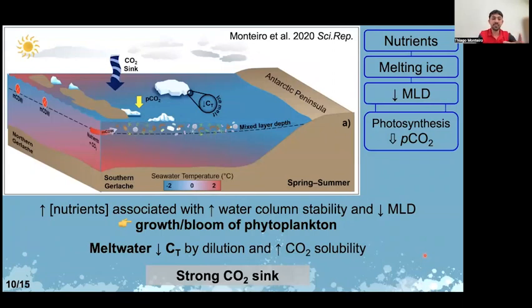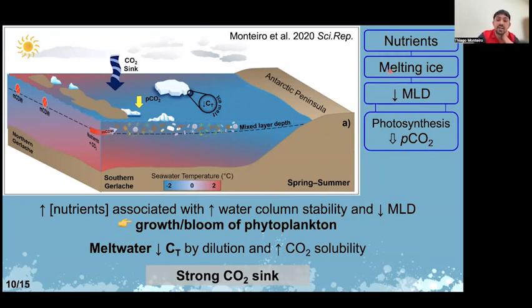Well, in this figure, we summarize these processes that we can identify by the data and by the literature that has been carried out in this region. And so we have a region with high nutrients, so the nutrients are definitely not a problem here.